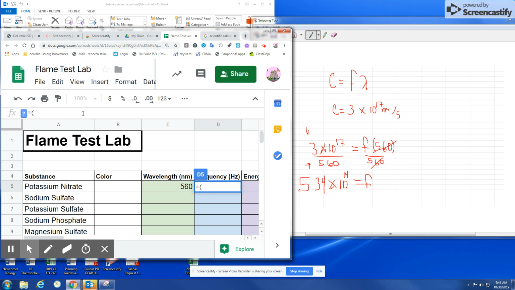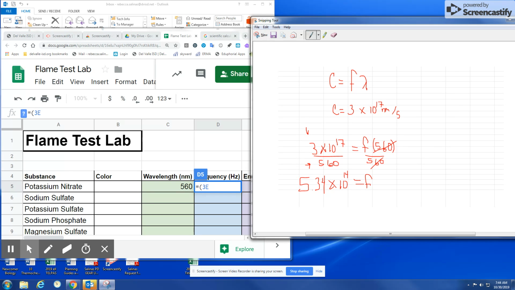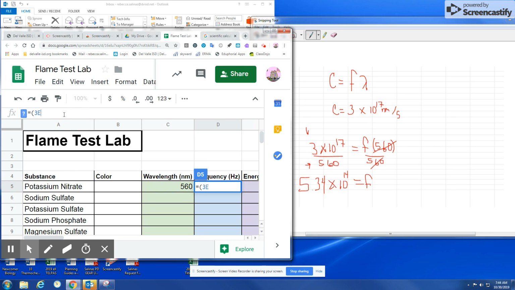The way that you type scientific notation is you do 3 and then you can just type a capital E. And then you have to tell it if it's a positive or negative exponent. So since 17 is a positive number, I'm going to do plus 17. That part is a little different than how you would type it into a calculator. And then I'm going to divide by the wavelength.